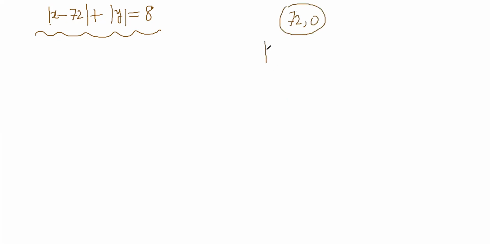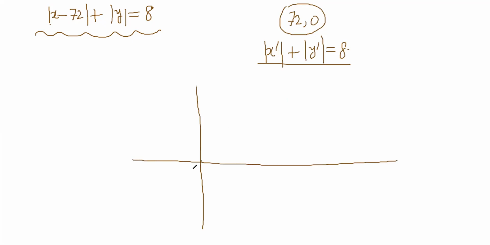And there it is a graph of x dash plus y dash is equal to 8, right? Correct? Yeah. So this is like, if you shift the origin from 0, 0 to 72, 0, there it is a graph of this thing, new coordinates, right?